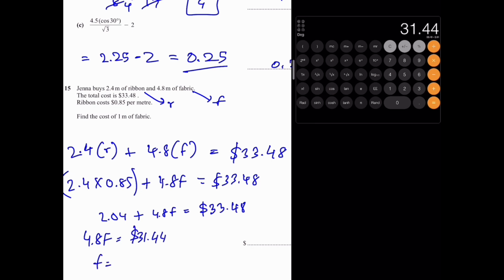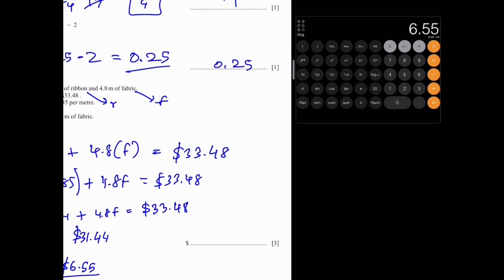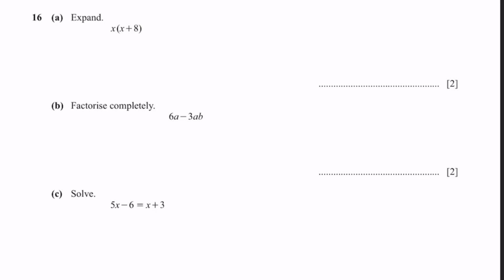So F is equal to 31.44 divided by 4.8, which is equal to $6.55, or $6.55 for 1 meter of fabric. That's the answer.